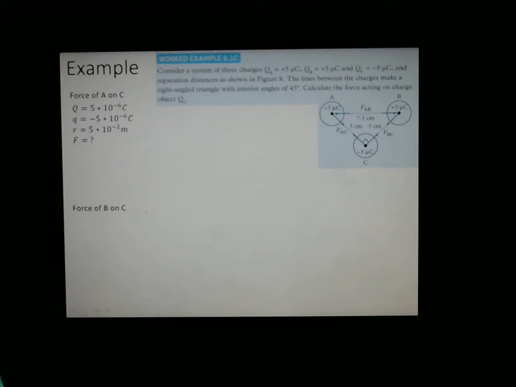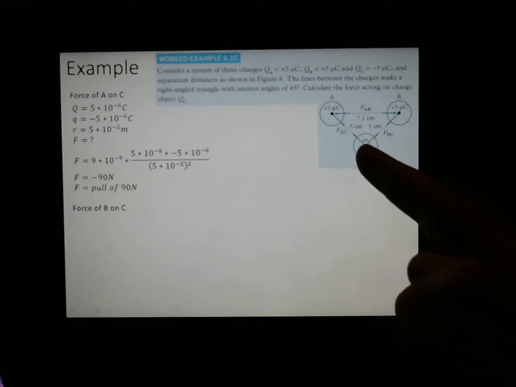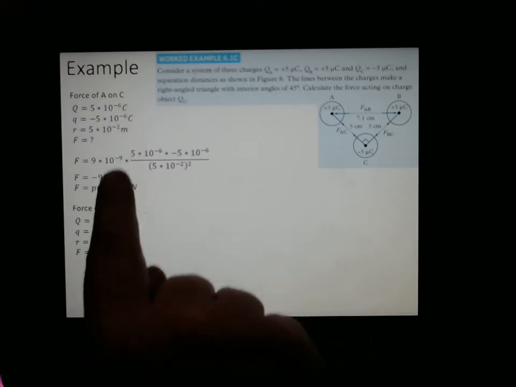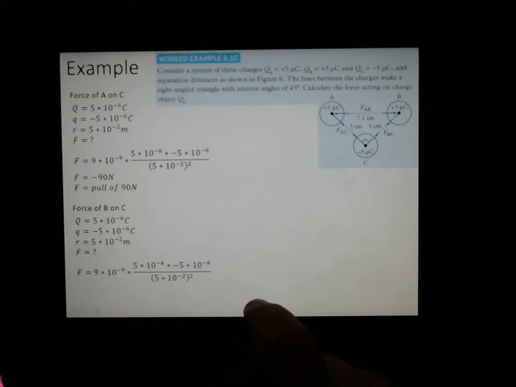It's up to you. And then our force, plug in our equation, we've got our answer. And we see that it's a pull of 90 newtons. So this one here is getting pulled up this way. And when we do B on C, we'll find it'll be the same thing because the numbers are exactly the same. So there must be the same answer. Pull of 90 newtons up this way.